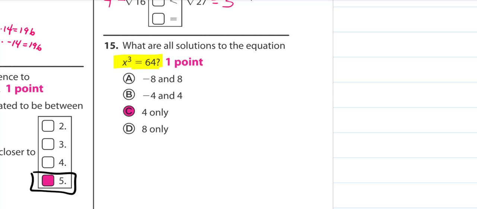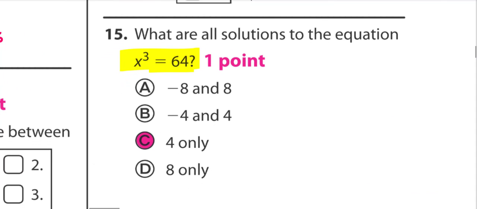And be very careful as to whether we're using a cube root or a square root. The exponent of 3 is a cube root. So what number multiplied 3 times itself would give us 64? And we know that a positive 64, that would be a positive 4. 4 times 4 times 4 would give us 64.